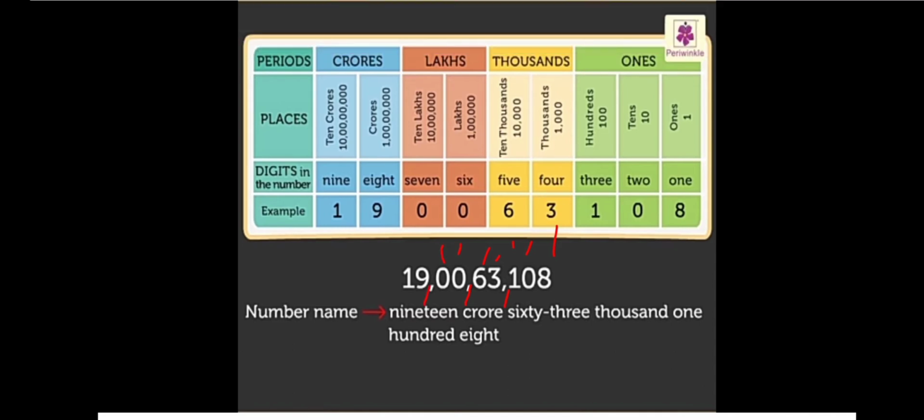Now how will we read it? 19 crore 63,108. Did you notice it, children? Here we didn't read these 0s, but we write these 0s so that all digits are in their right periods. Okay.